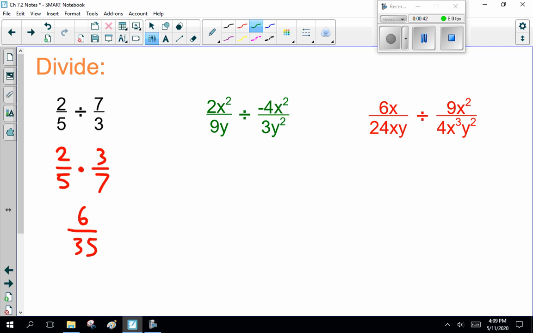Now, division of this polynomial: 2x squared over 9y divided by, so this is 2x squared over 9y times 3y squared over minus 4x squared. Now, what cancels out here? Once we flip it, the x squared and x squared cancel. We have a y that cancels.